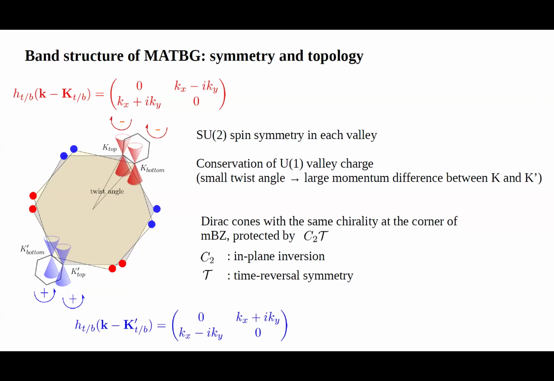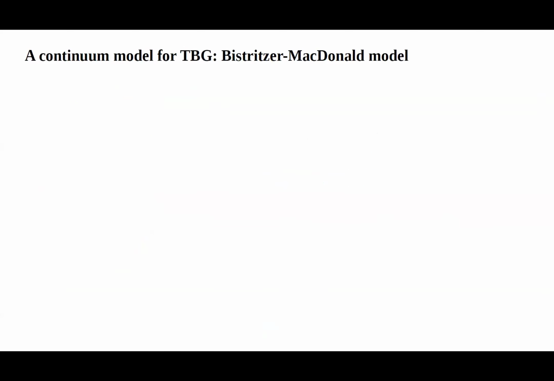And so this is a very fundamental property, and it's going to have some importance later on, especially if we want to gap out those Dirac cones. And this is going to have a very strong importance for the ensuing Chern numbers.